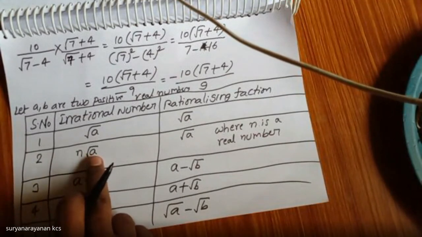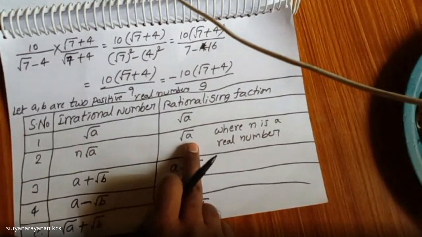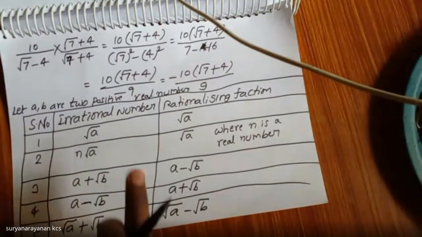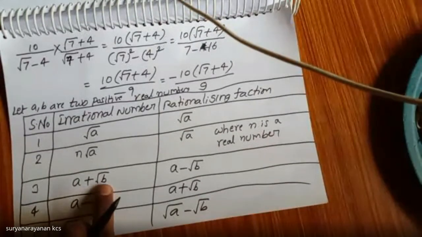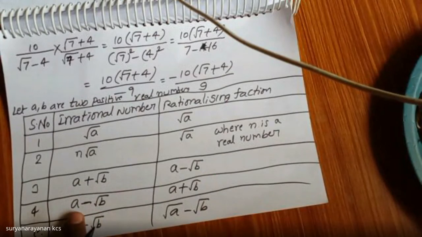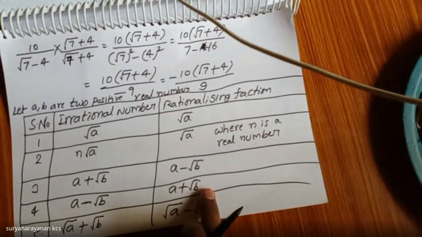So to make this root a a rational number, we multiply the numerator and denominator of the fraction by root a only. If a plus root b is there in the denominator, then its rationalizing factor is a minus root b. If a minus root b is there, then its rationalizing factor is a plus root b.